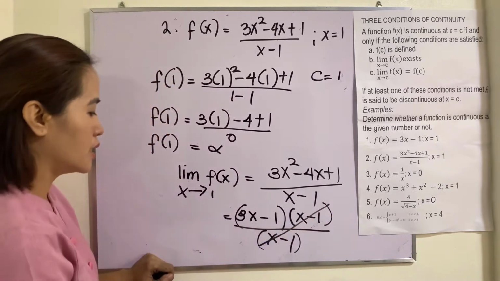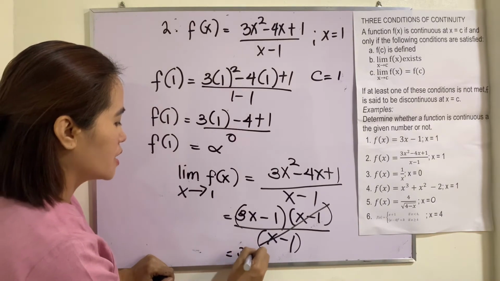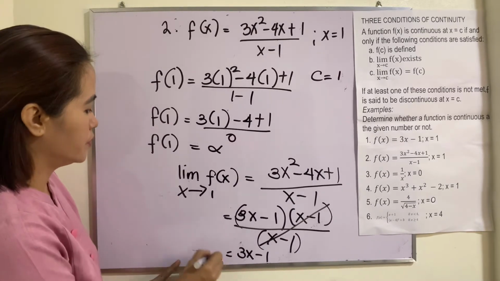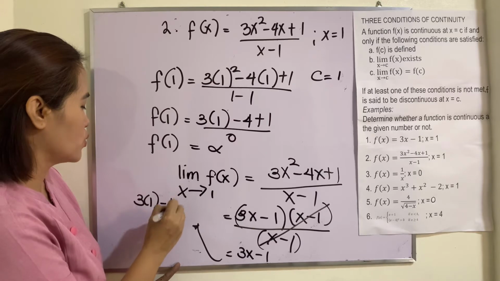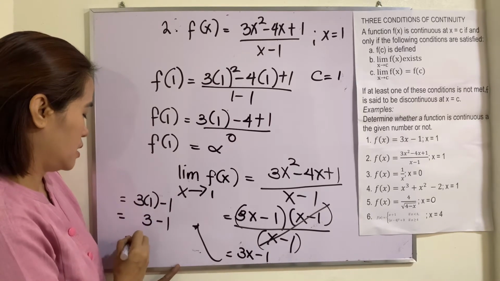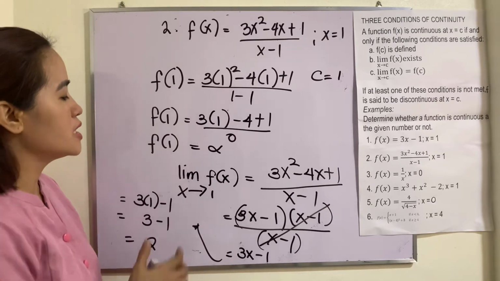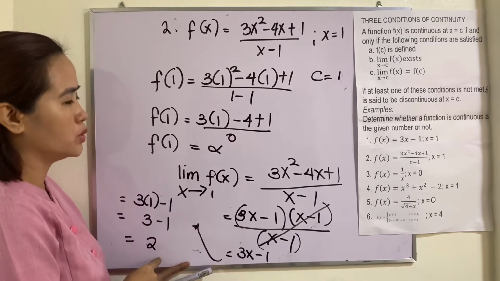We can cancel this, and therefore this is 3x minus 1. Replacing x by 1 here, this is 3 times 1 minus 1 equals 3 minus 1, which is equivalent to 2. So we can say that the limit of f of x as x approaches 1 is equal to 2.